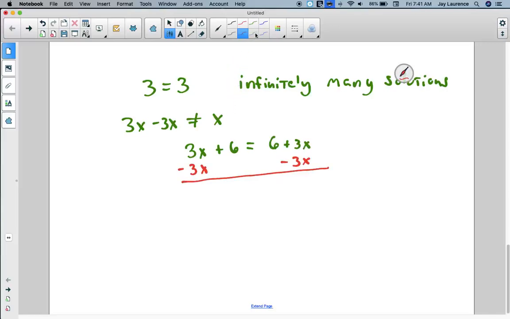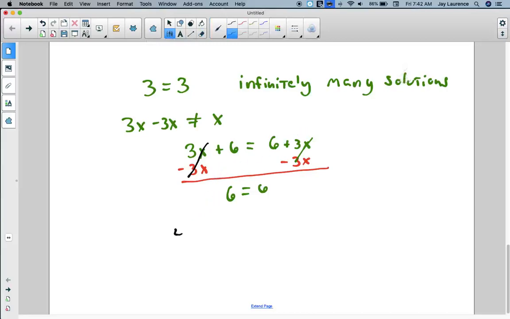And then you'll go, okay, I got a 6 here, I got a 6 there, those cancel. Oh, I've got an x left. No, you don't. This does not equal x. These cancel just like they did on the other side of the equation. So you end up with the equation 6 equals 6. Assuming you did everything else right, if you get that, there are infinitely many solutions.